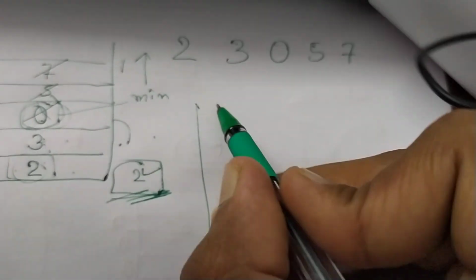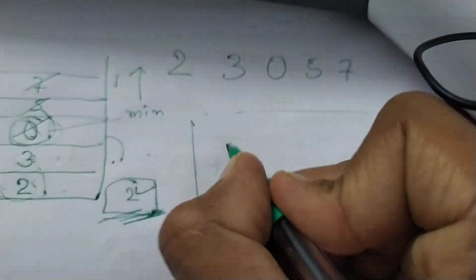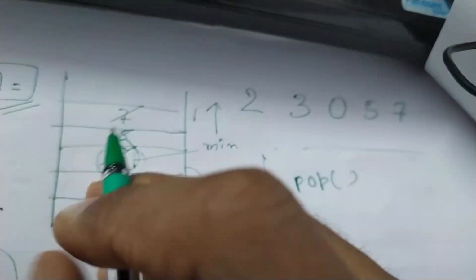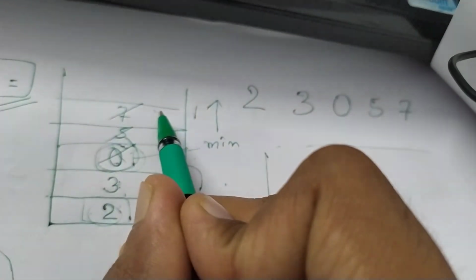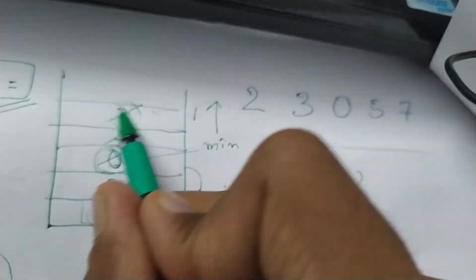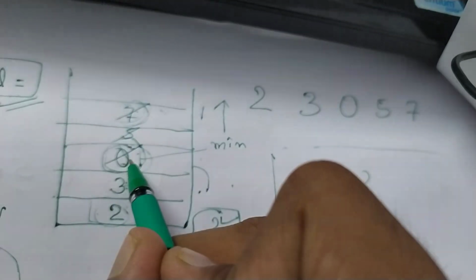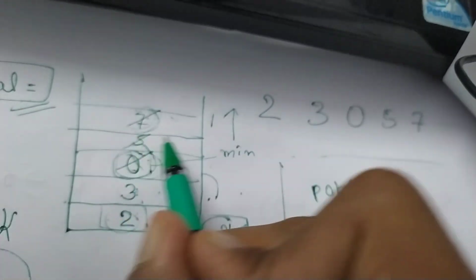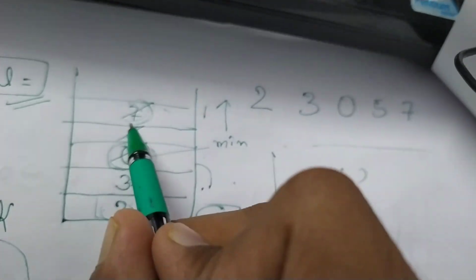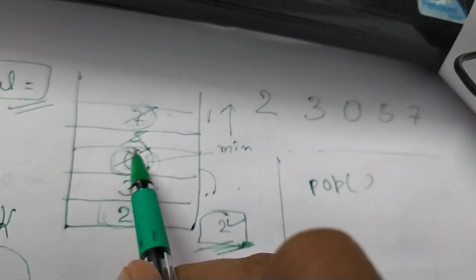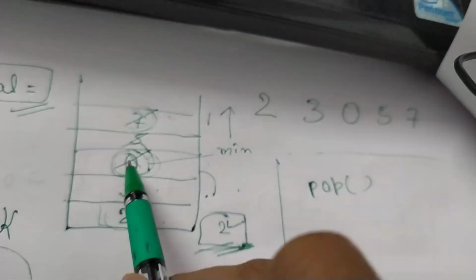The part comes when we need to pop out our element. When we have to pop out 7, since 7 was greater than the minimum value, no changes, we can easily pop it out. The tricky part comes when this minimum value itself has to be popped out.